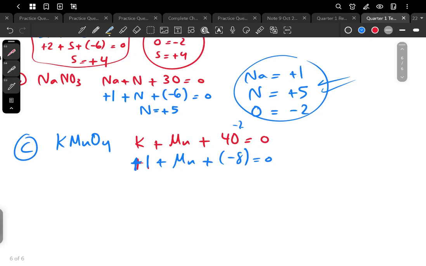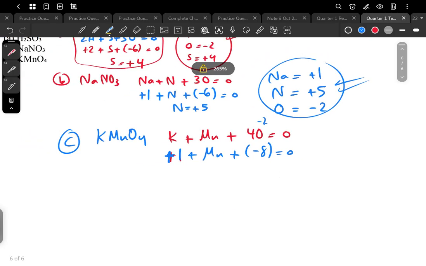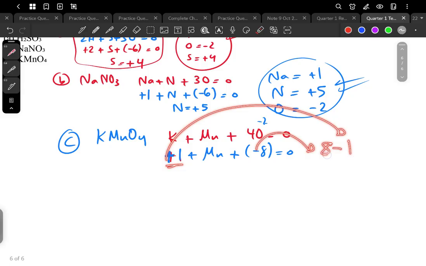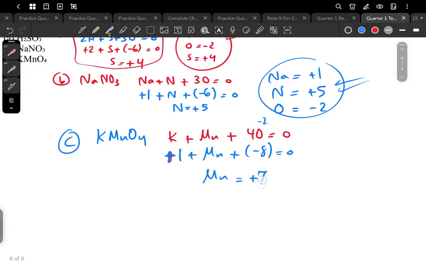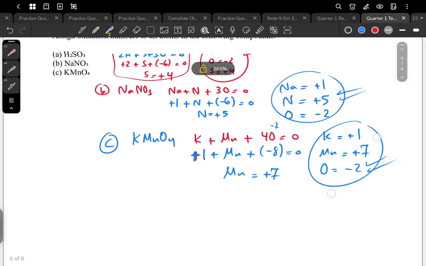So this equals 0. So when you move negative 8 to the other side, it's going to be positive 8. And when you move positive 1 to the other side, it's going to be negative 1. So 8 minus 1, the manganese will equal positive 7. In this case, K has an oxidation number of positive 1, Mn has an oxidation number of positive 7, and the oxygen has an oxidation number of negative 2. This is the final answer.